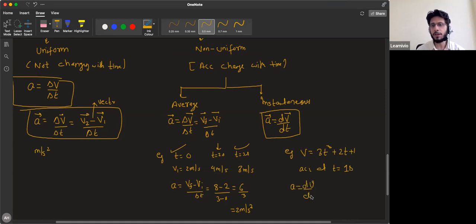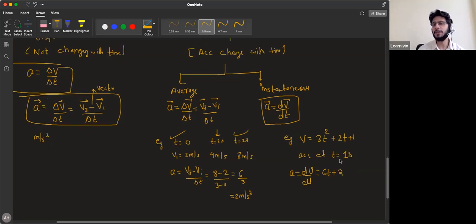Hamza, what is the derivative of velocity here? Just differentiate this equation, 3t square plus 2t plus 1. 2 into 3t, 6t, then plus 2. That's it.